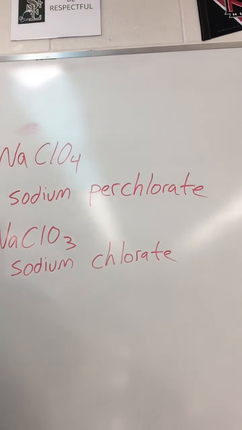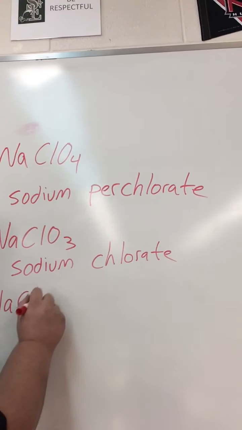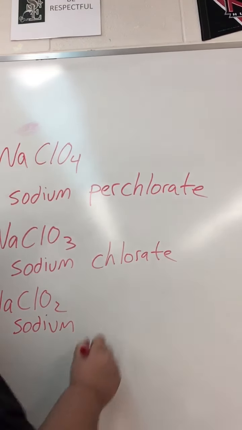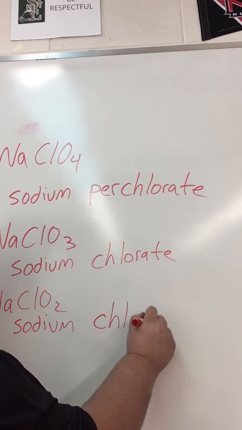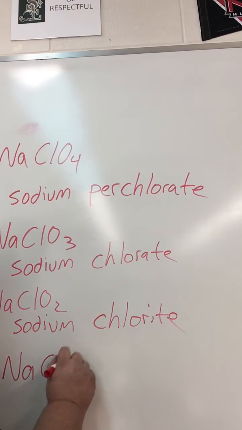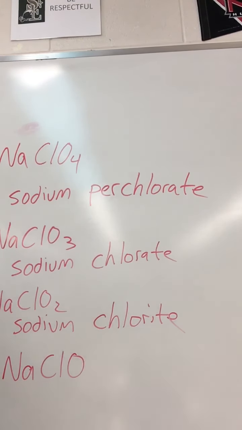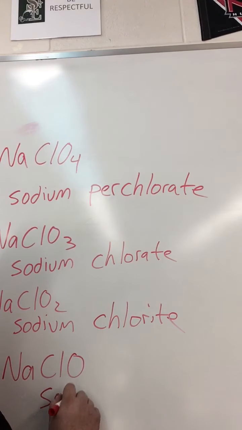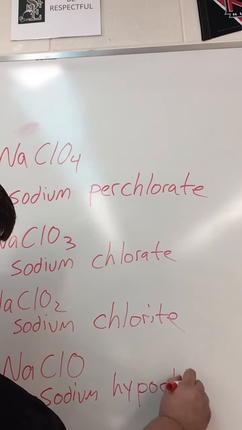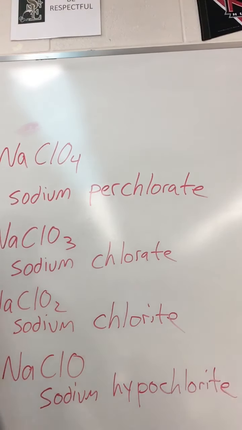I take away another oxygen, that's NaClO2. That's sodium chlorite. I take away another oxygen, NaClO, or NaOCl, they're interchangeable, would be sodium hypochlorite. So that's how the system works. The most oxygens is perchlorate, then comes chlorate, then chlorite, then hypochlorite.